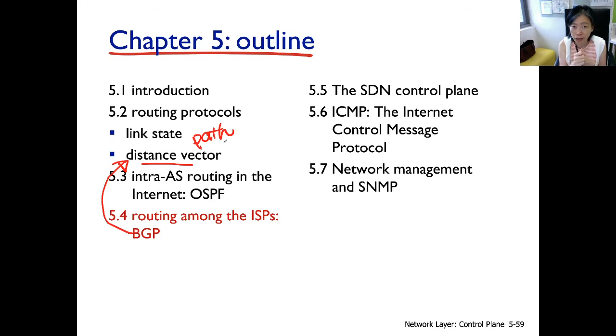In path vector, okay, so this one running at the inter-AS level, the source AS will track for each destination AS what is the entire AS level path, inter-AS level path. So that inter-AS level path will contain all the intermediate ASs, okay, along the way from the source AS to the destination AS.